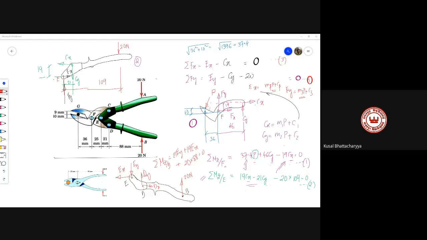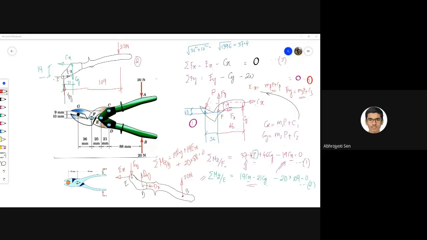Sir, let me check. So for that equation 3, I had multiplied 19 with the first equation, means the Ex equation, and 21 with the second equation. Then I subtracted the first equation from the second equation.